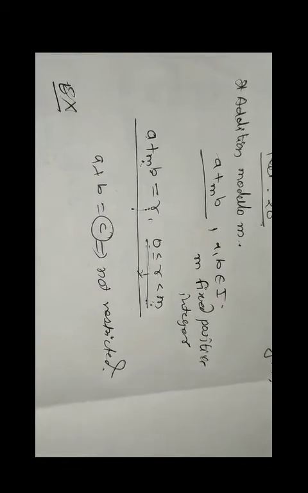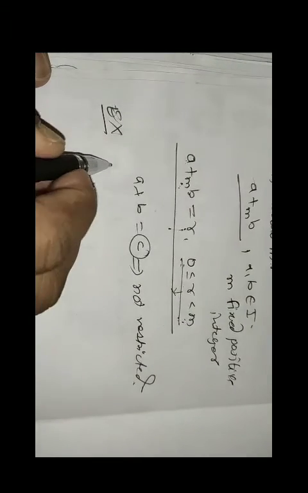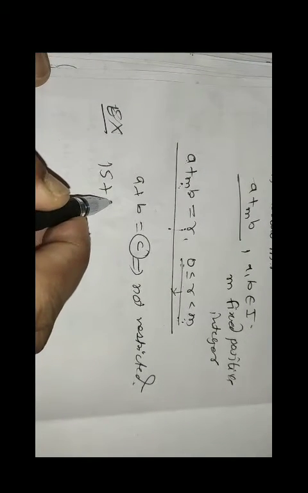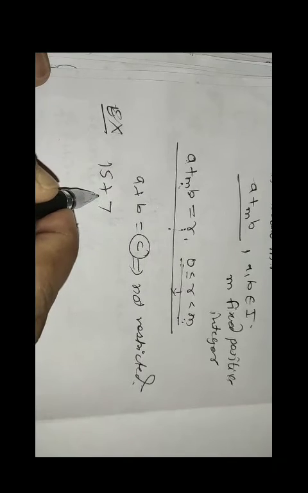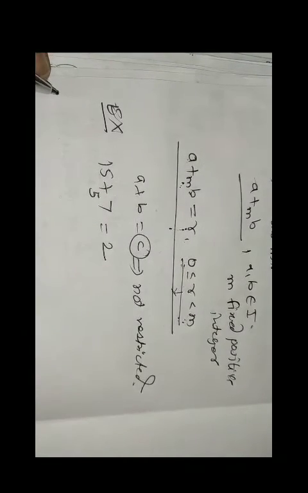For example, now we discuss one example: 15 plus 7 modulo 5 is equal to 2. What is that? Do the regular addition first: 15 plus 7, ordinary addition, is 22.